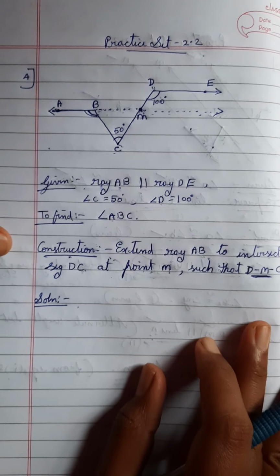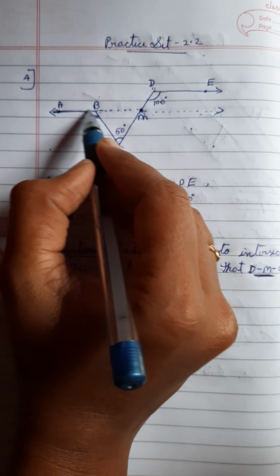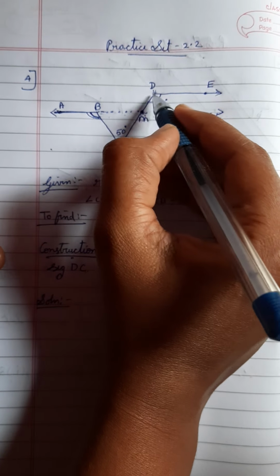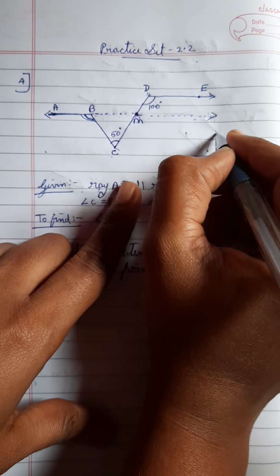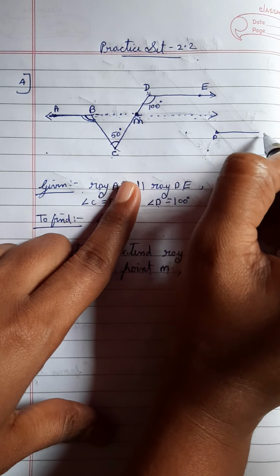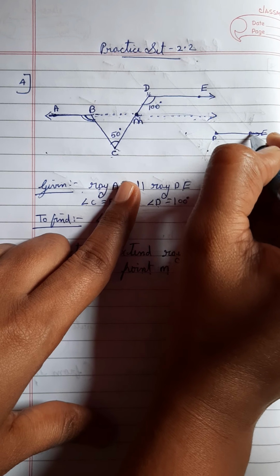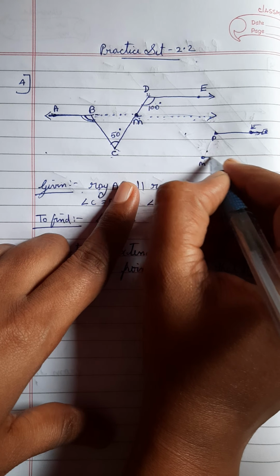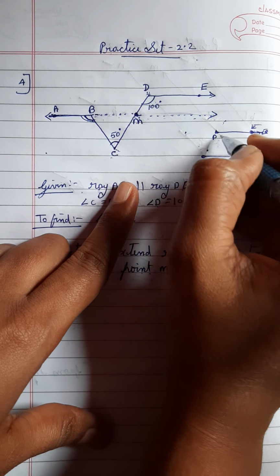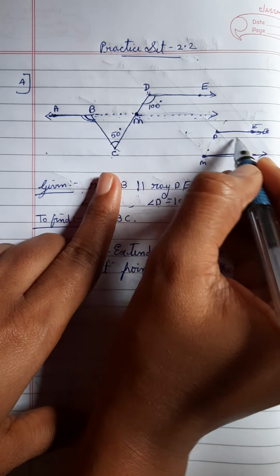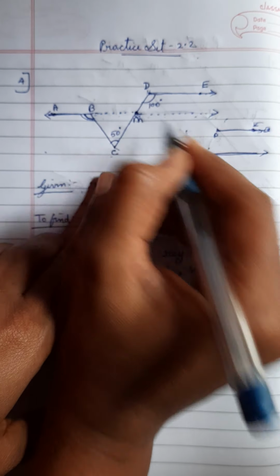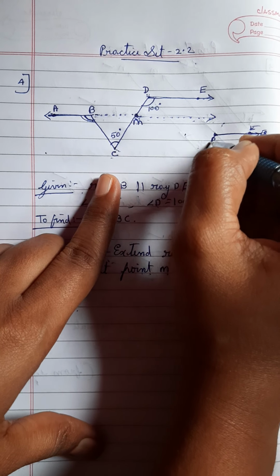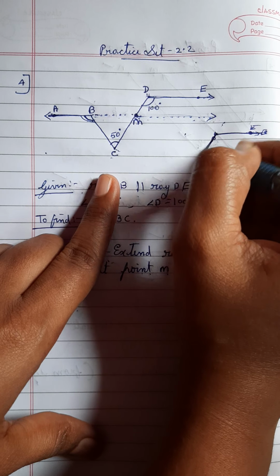Okay, so now the solution. Look at this. AB is parallel to DE, the full length of AB is parallel to DE. I am drawing these two lines separately: DE, and the ray from M going this side. Whatever joined line there is, you consider as the transversal.